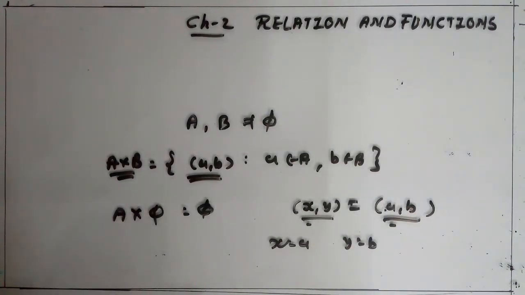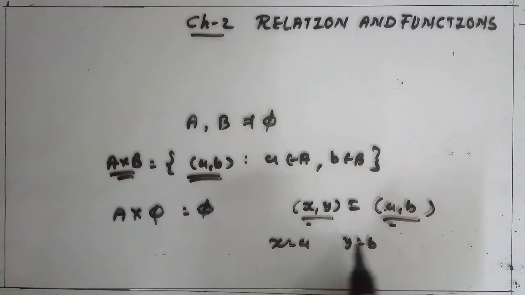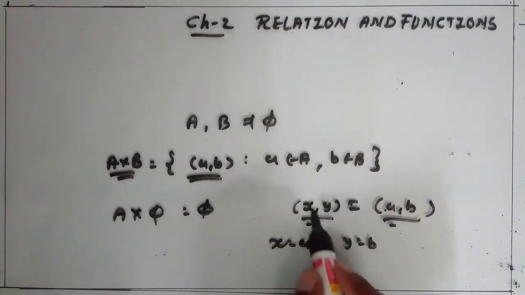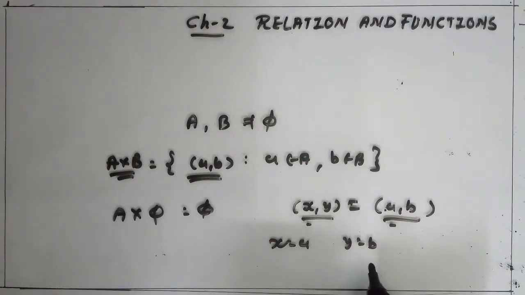Clear? Remember this, two ordered pairs are said to be equal if the first entry is equal and the second entry is equal.